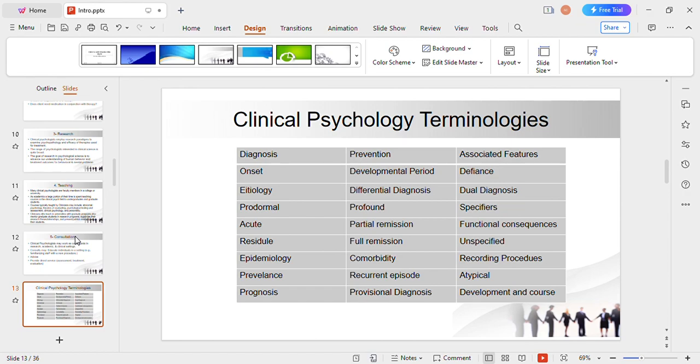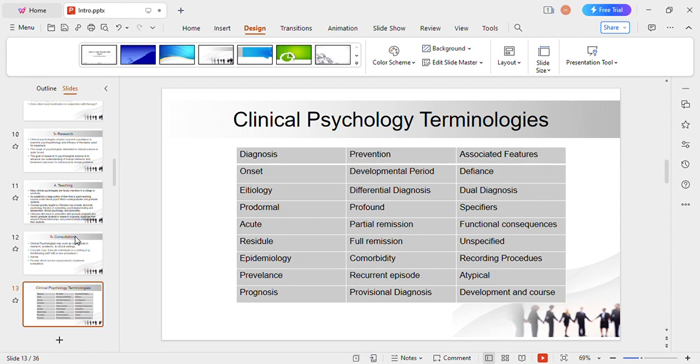So the next terminology is epidemiology, and in epidemiology, we can see the incidence, occurrence, and prevalence of any disorder. Epidemiology basically refers to the rate of occurrence, the incidence, prevalence, etiological factors, and any treatment modality which is being used in a particular time period.